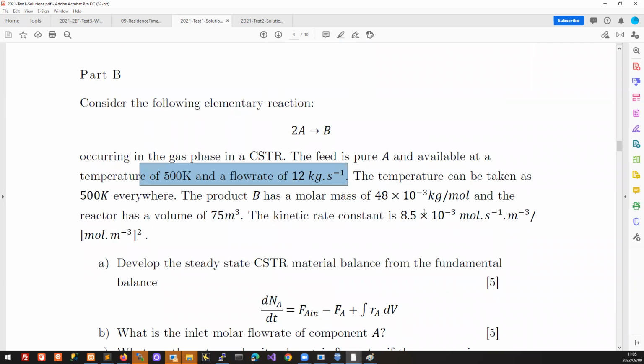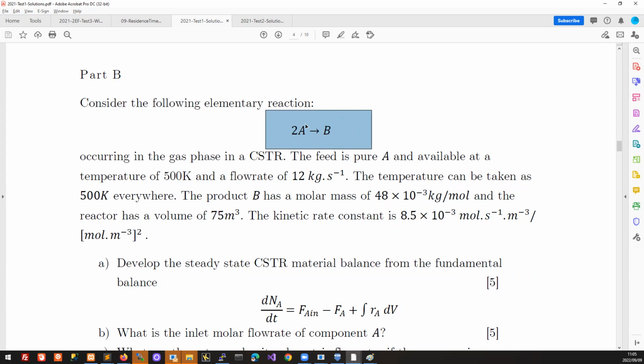And then that's it. We are not even given the molar mass. But we have the reaction here. So if we know the molar mass of B, given that the mass must be conserved in our reaction, then for every 1 mole of B that forms, 2 moles of A must have been consumed.